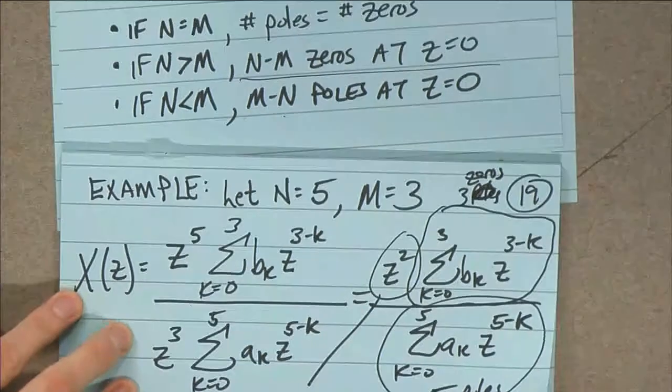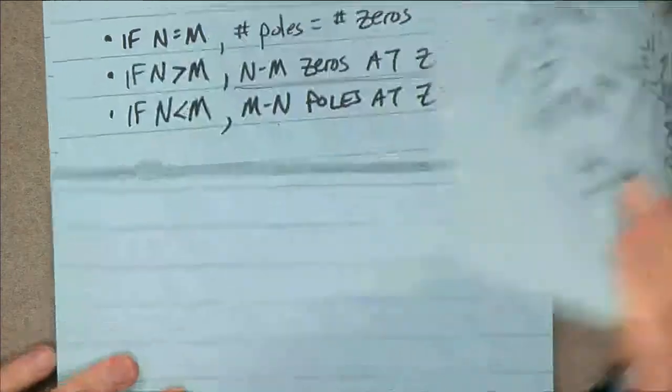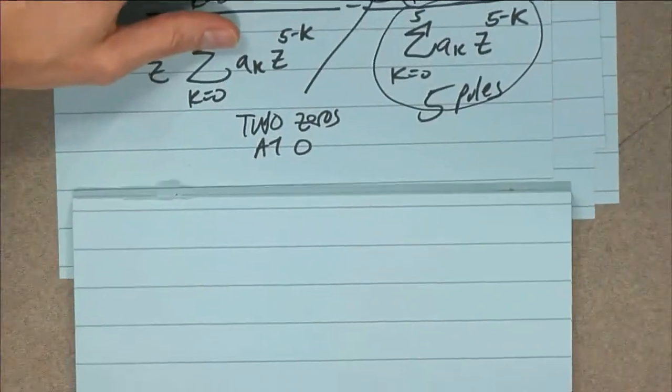So once we have an expression like this, we can also write it, and this is where the partial fraction expansion comes in.